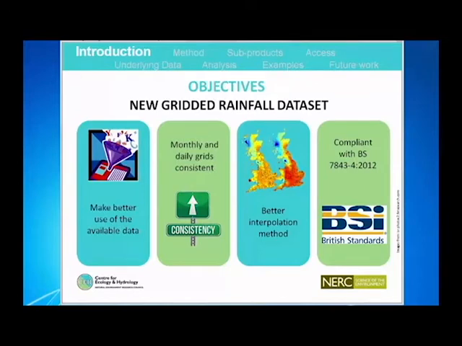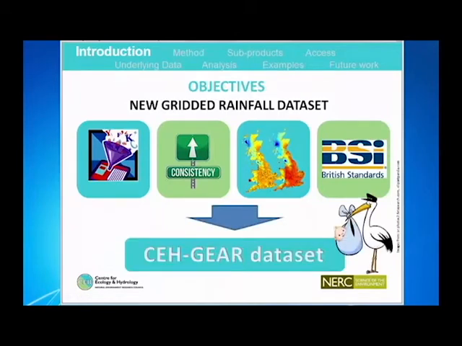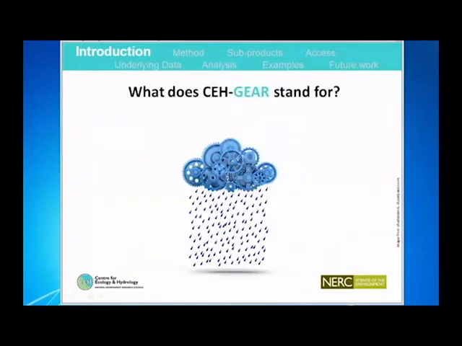And all these objectives led to the birth of CEH-Gridded dataset. And just a reminder of what CEH-Gridded stands for. It stands for Gridded Estimates of Areal Rainfall. And the little picture here is to help you remember the name, because with so many acronyms we have, yet another one. Hopefully the visual help is useful.